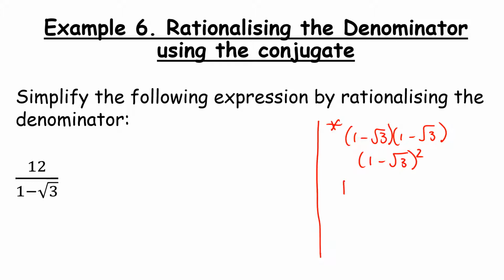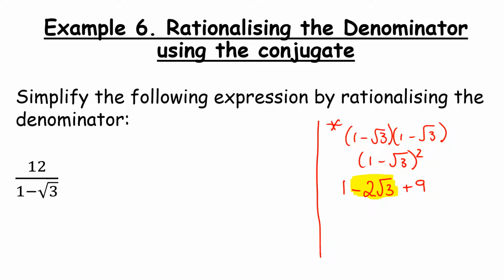You square the first piece. Minus, so we're going to have minus 1 times root 3 and then double. So you get minus 2 root 3. And then you're going to get plus 3 here at the end. But notice we don't actually get rid of the surd. There's still a surd piece there. So by simply multiplying it by itself, that's not going to happen.